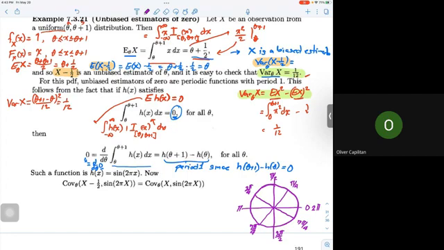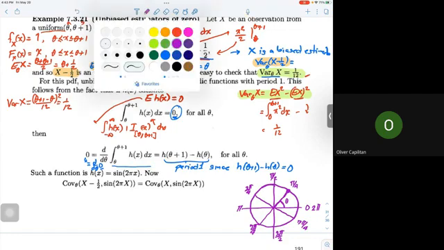Pero alam natin na, say for example, for this particular case here, if this is our angle, that's referring to theta. Period 1 man tayo, pero yung value ng sine pi over 4 would be the same as this.